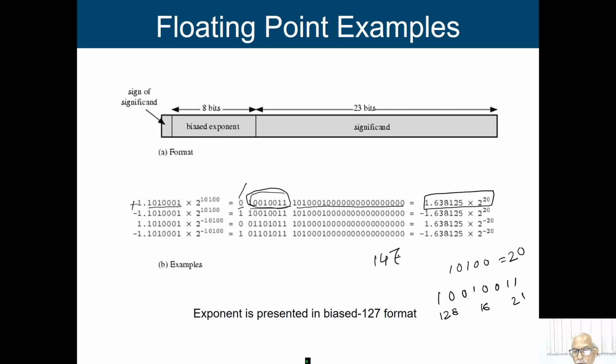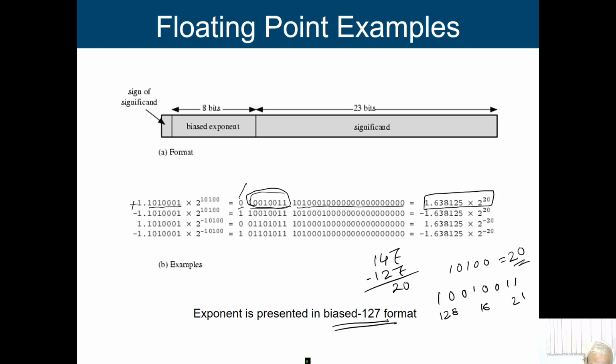So from 147, but basically I want to store 20, that means if I subtract 127, then I am going to get 20. So this exponent is stored in bias 127 format. Whatever we store is biased by a value of 127, so we always need to subtract 127.